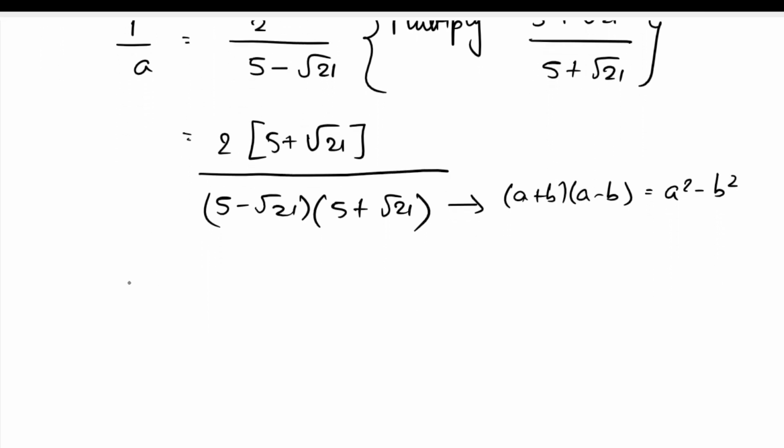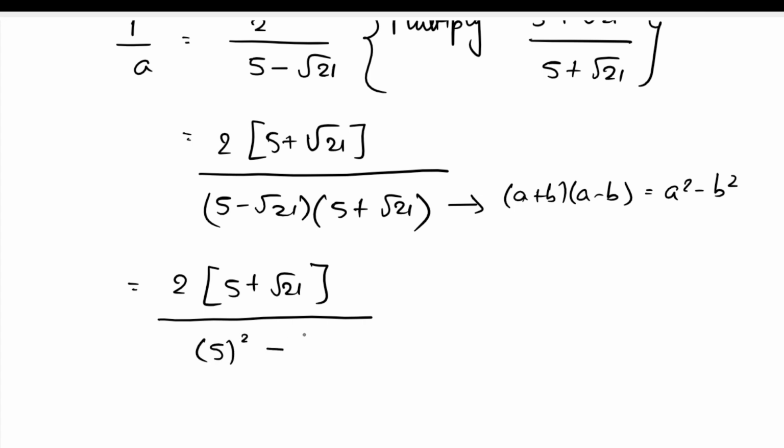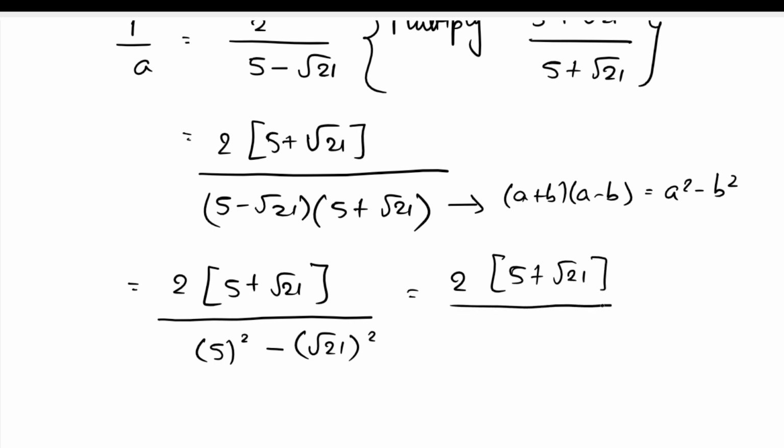So applying the formula, we get in the numerator 2 into 5 plus root 21, divided by, here A square minus B square. A square is 5 square, minus B square is root 21 square. So this will be 2 into 5 plus root 21 divided by 5 square is 25 minus, here square root and square will get cancelled, so 21.